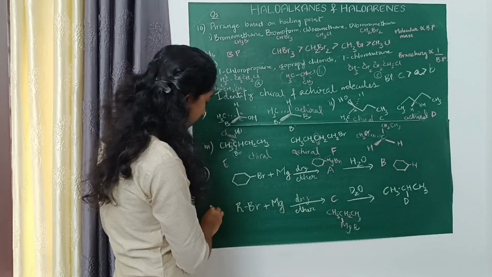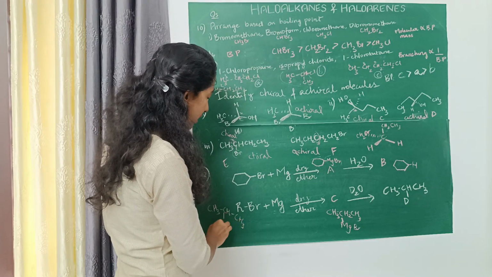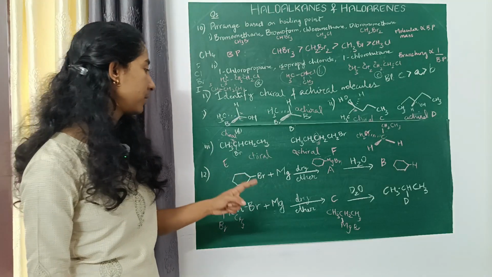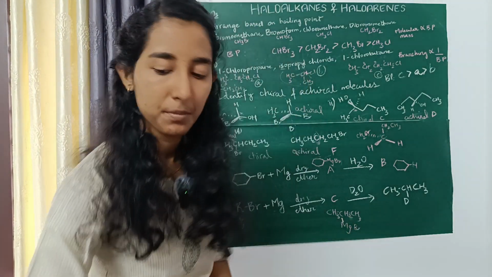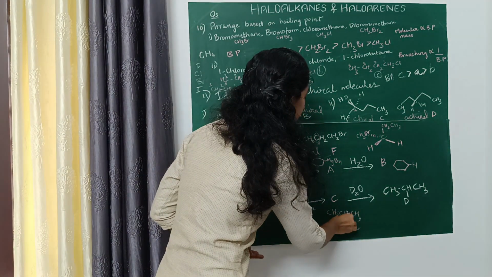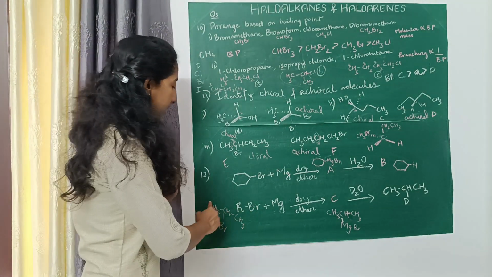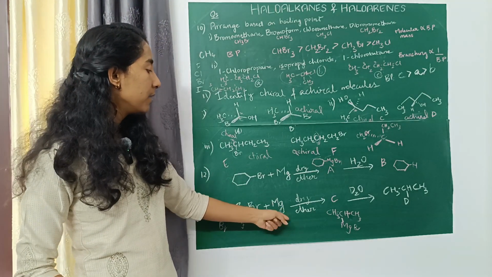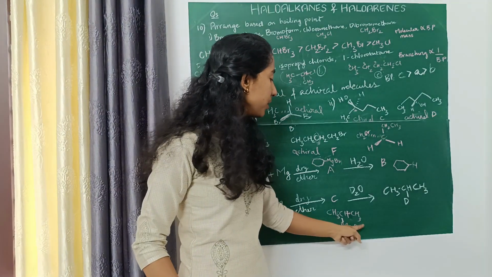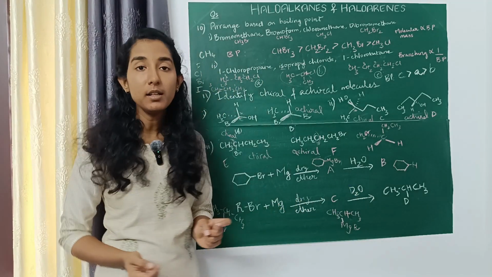RBr is CH3CHCH3Br, so R is CH3CHCH3. When it reacts with magnesium, what you get is this Grignard reagent, and then this MgBr is replaced with deuterium when you treat it with D2O. So that's it. I hope this is clear.